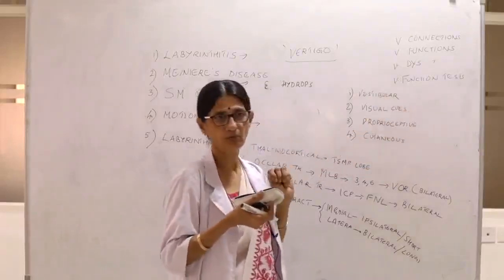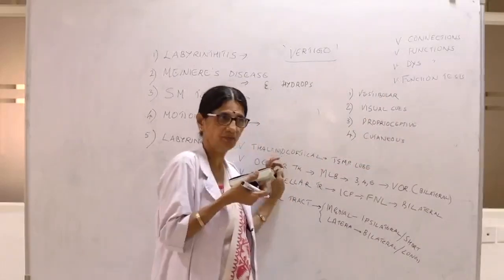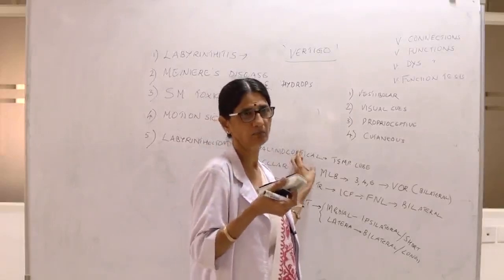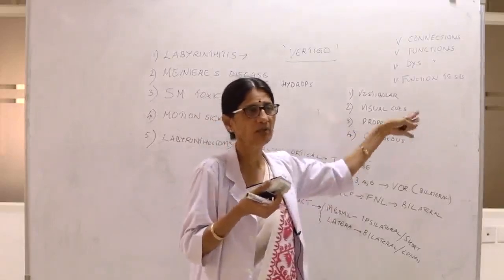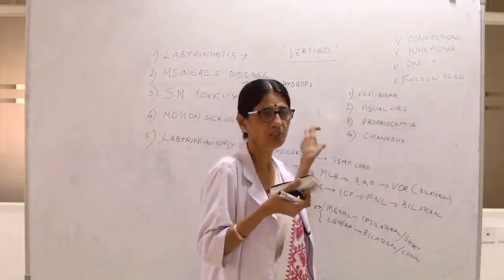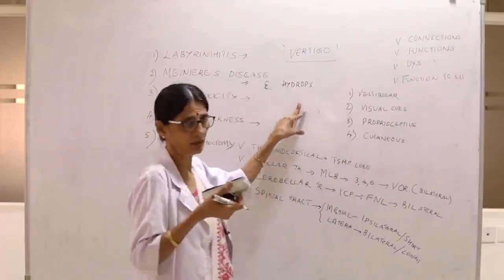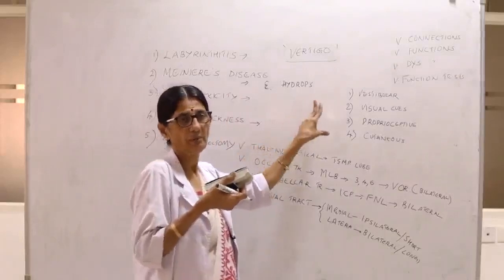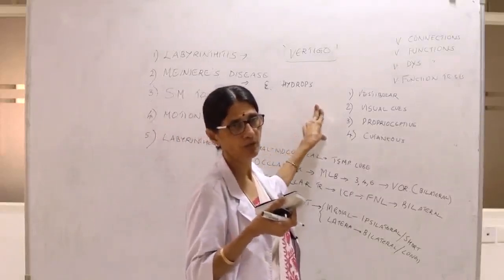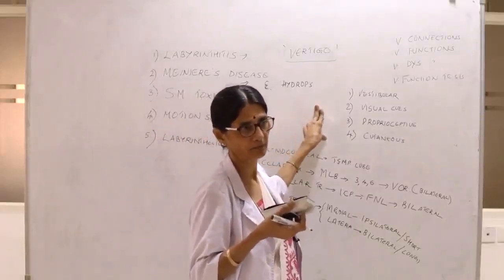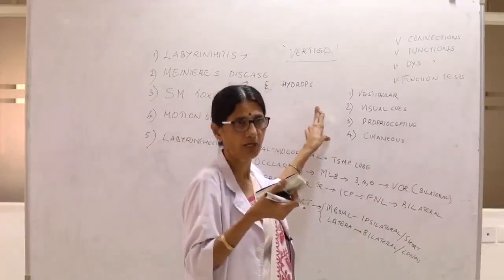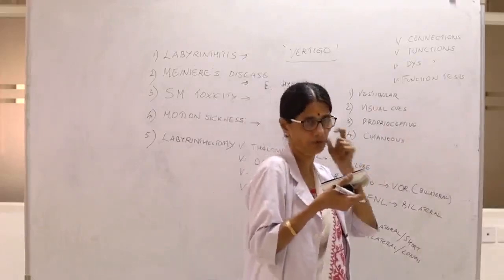And the visual cues, although he is not blind, under the water what can he see to guide him? So what will happen? The person will finally drown. This is why the normal physiological question is asked about why a labyrinthectomized person should not go for deep sea diving. So that is the reason we say these people should be careful and not go for deep sea diving or deep water diving.